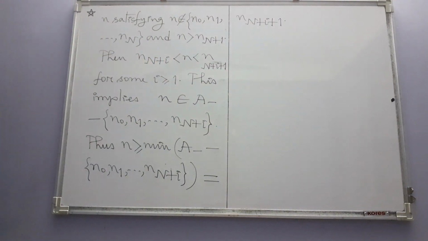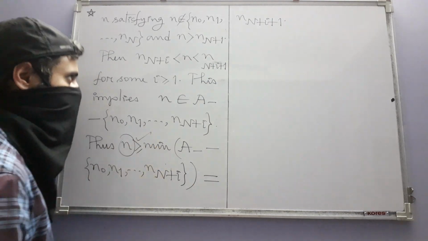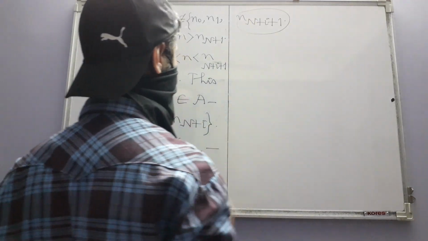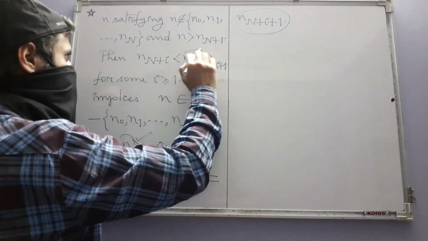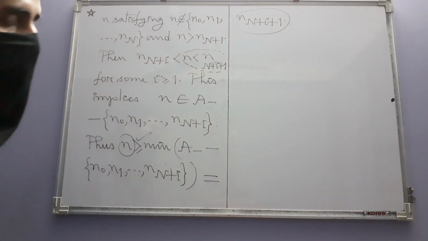And this is a contradiction because n is greater than or equal to n plus I plus 1, and here you have n less than or equal to n plus I plus 1.